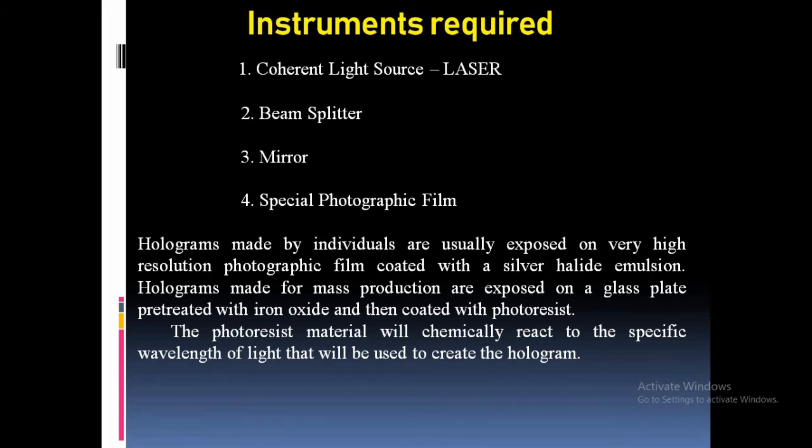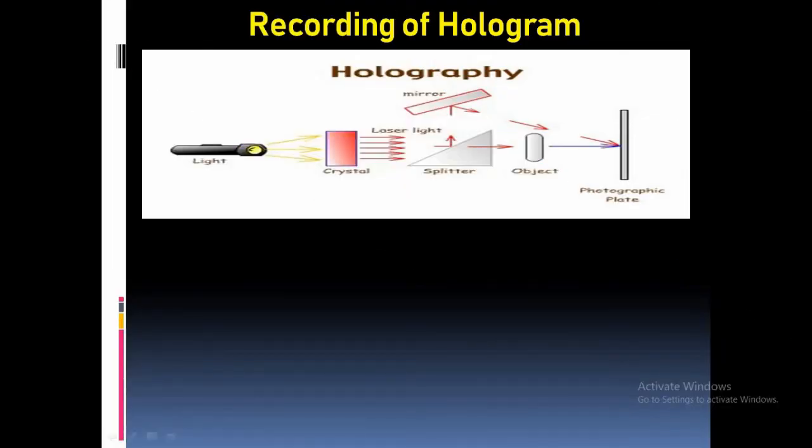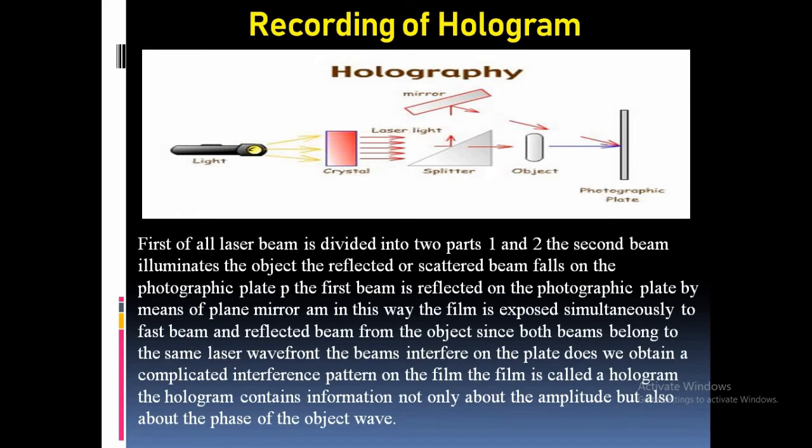Let us first discuss the recording of a hologram. The figure gives us a very simple idea about the recording process. The laser light is incident on a beam splitter, and it is split into two parts. One part of the light goes to a mirror at a specific position and is directed towards the photographic plate.